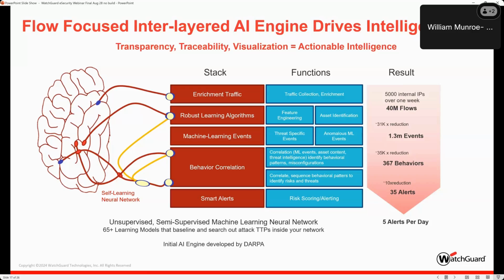And when those are correlated to behaviors, it becomes 367 behaviors. When you look at what's anomalous and what matches those TTPs, those techniques for attacks, they saw 35 alerts over that week, or 5 alerts per day. Now that's something even a small security team can deal with. And that's what the power of the artificial intelligence does.